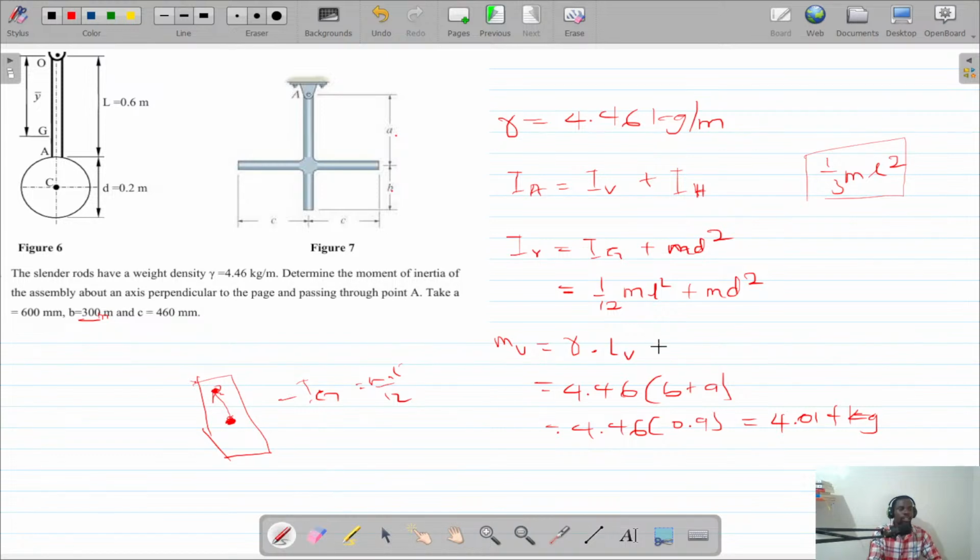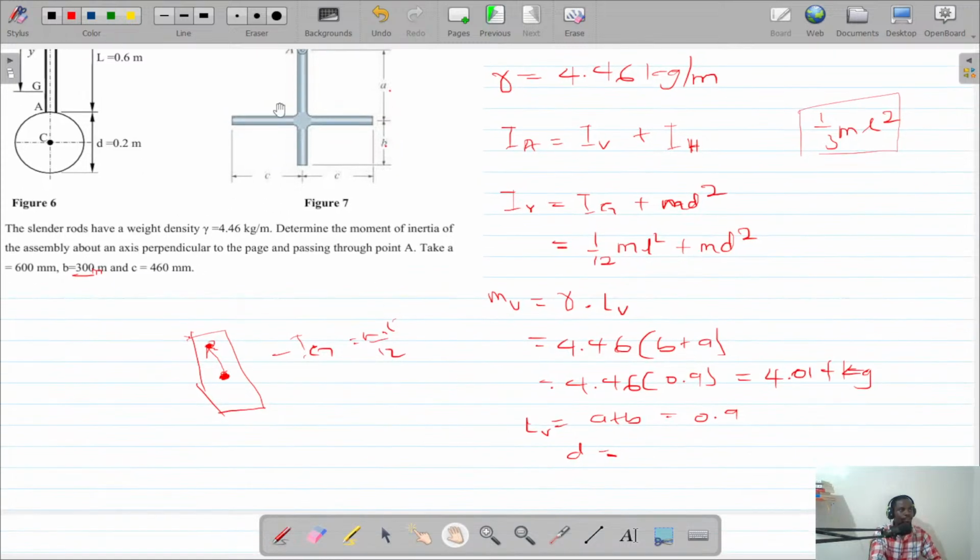Okay, so we know the mass. Now the length of the vertical rod is A plus B, which we found to be 0.9, and D is the distance from A to the center of the vertical rod, which is 0.9 over 2, giving us 0.45.